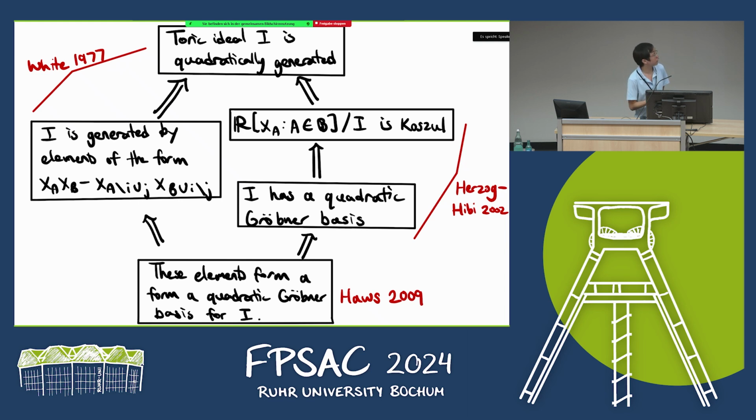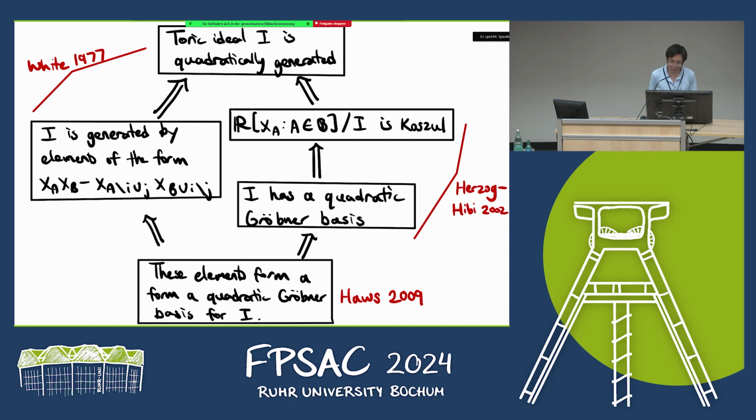So stronger than this ideal being quadratically generated is that this quotient has a property called Koszul. I'm not going to go into what that is, but it's a stronger property than this ideal being quadratically generated. And then stronger than this is a statement that this ideal has a quadratic Grobner basis.